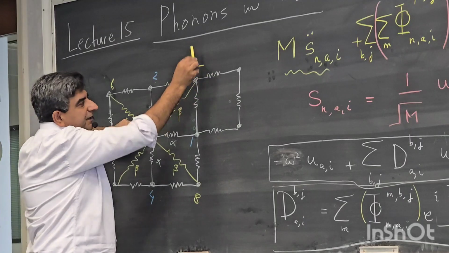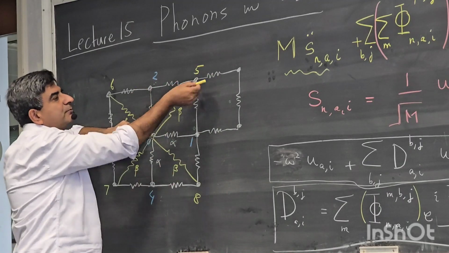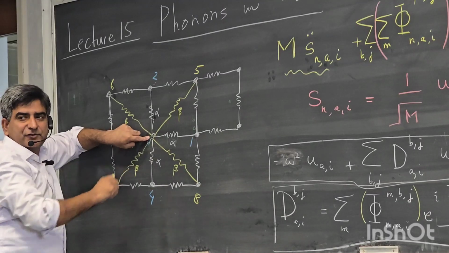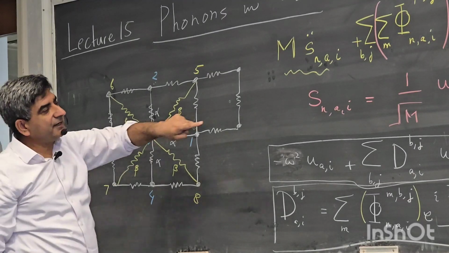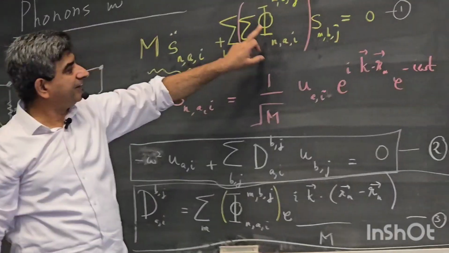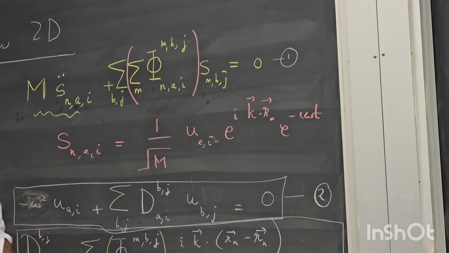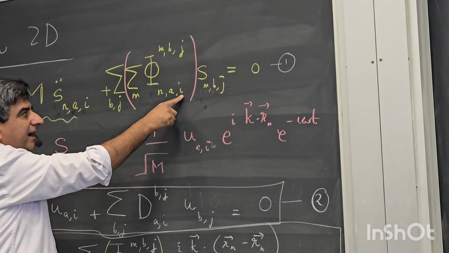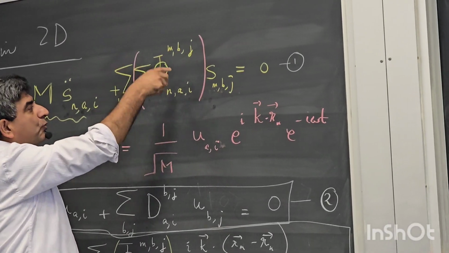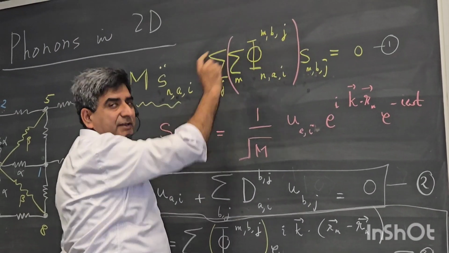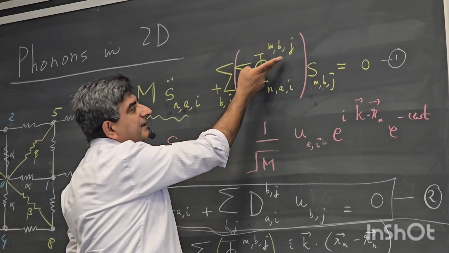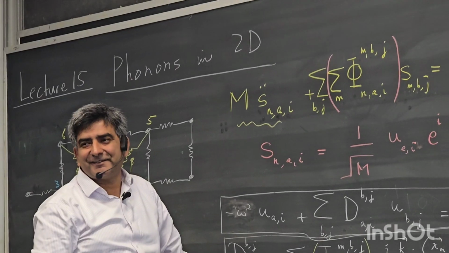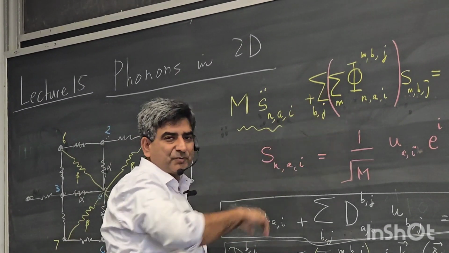So for each of the directions in which a neighboring interacting atom moves, x or y, I can get a force on this atom along x or y. So that's why this term is really representing a force on the Na atom along the I direction posed by an atom Mb which has displaced along the j direction. Correct? This is what this physically corresponds to.